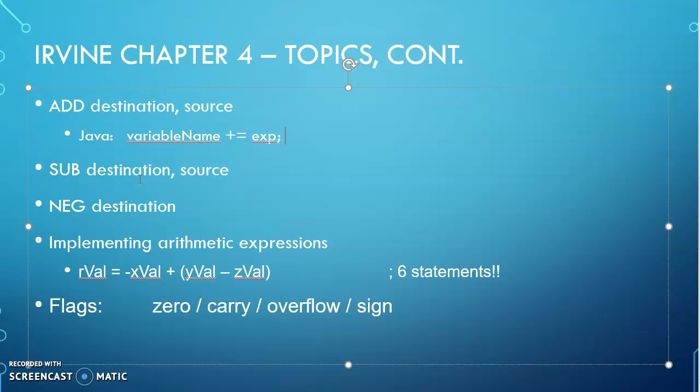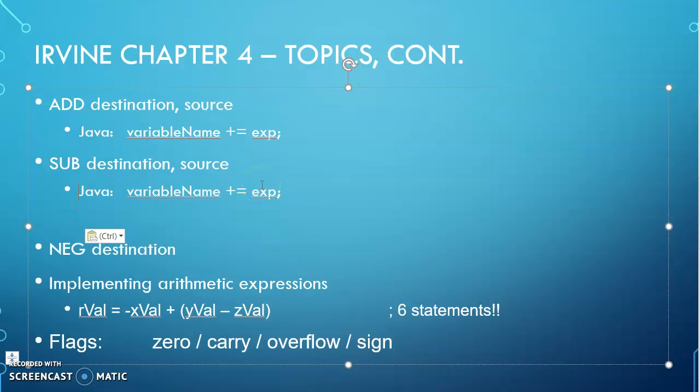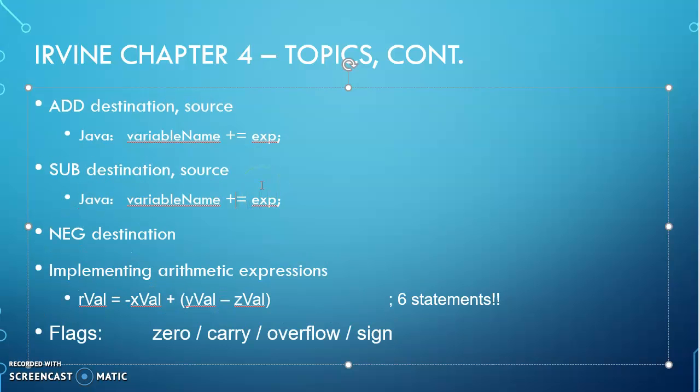And then the Java equivalent of the sub would be like the minus equals. The difference is in Java that expression can be complicated. In assembly, it has to be a value. We can't have an expression the same way we do in Java, which is what this is referring to down here. Yeah, I know I skipped over something.